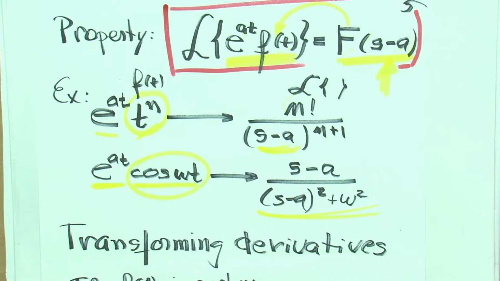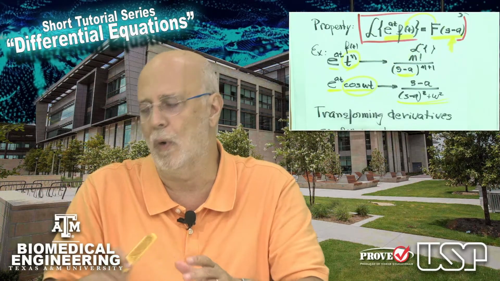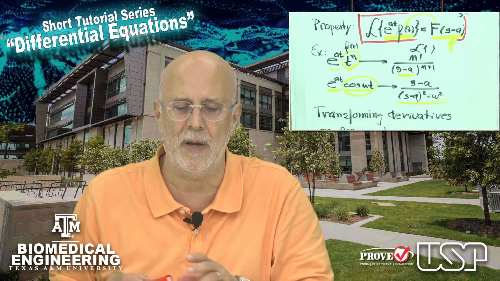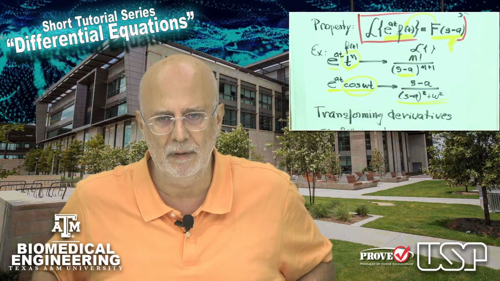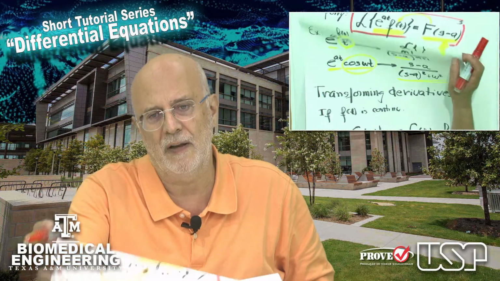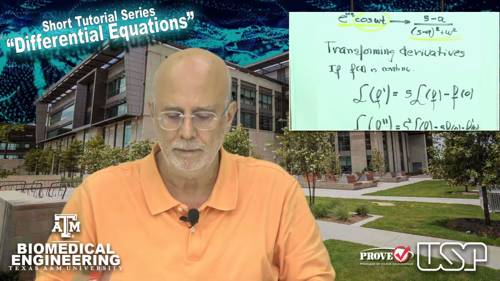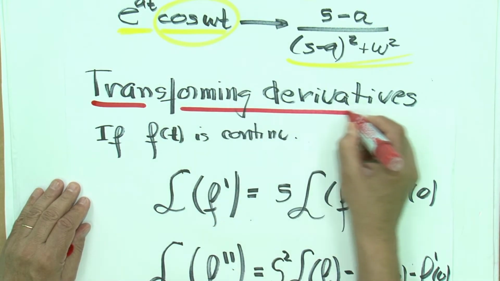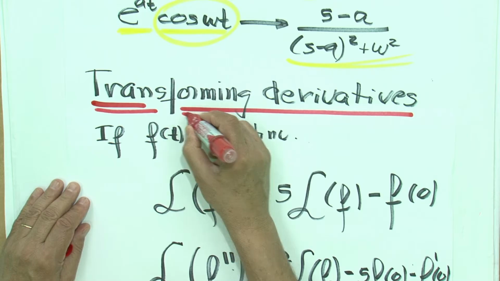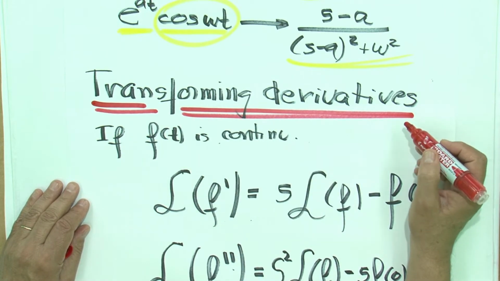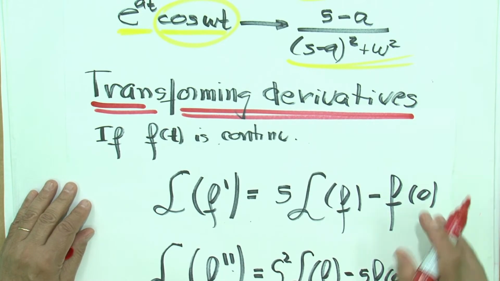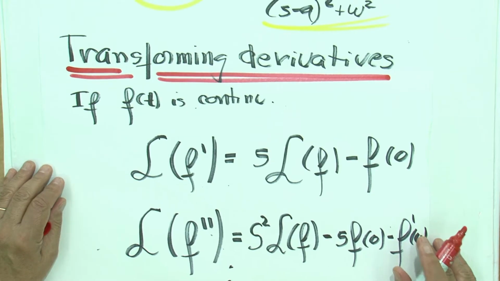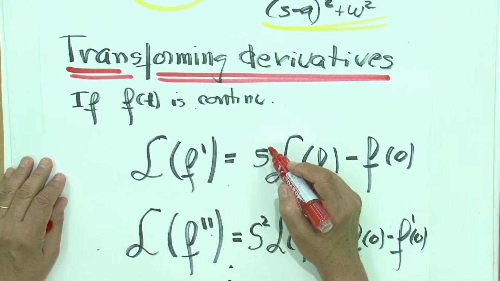But what we really want is to transform differential equations. And differential equations, we all know, are a collection of derivatives. So we need to know the Laplace transform of a derivative of a function.